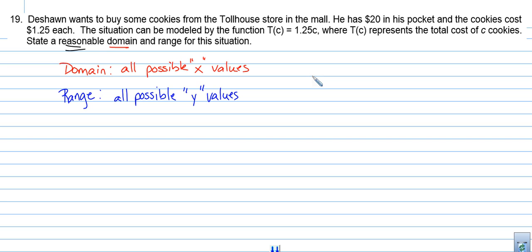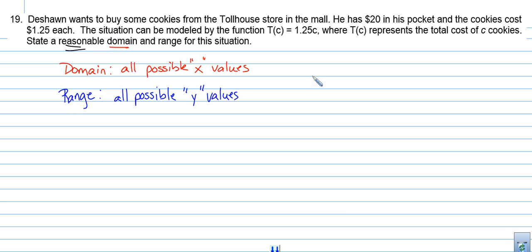So if you look, our restriction is he only has $20. So that's going to limit the amount of money we can spend total. Okay? And so that's going to limit the total number of cookies we can buy, because we can only buy enough cookies that would go up to $20, right?